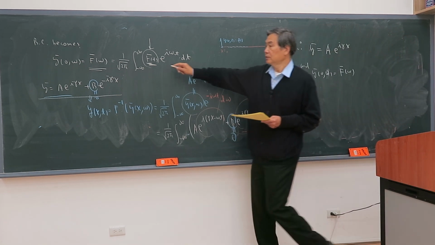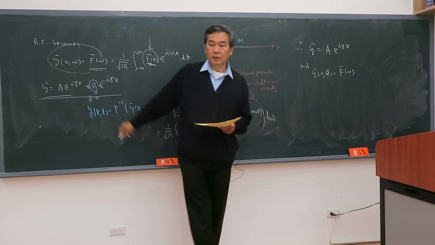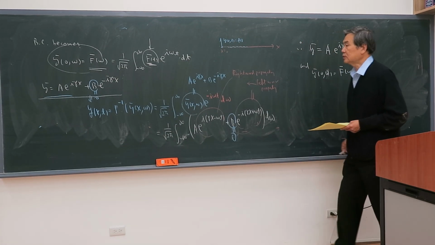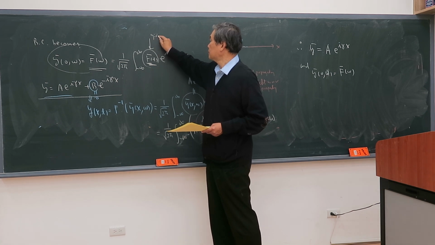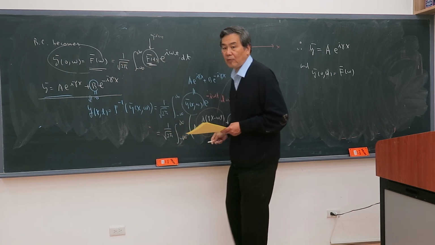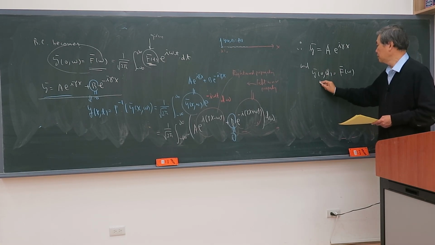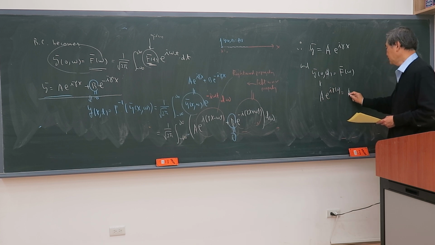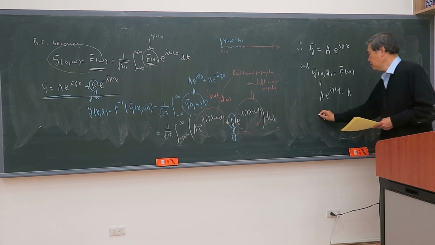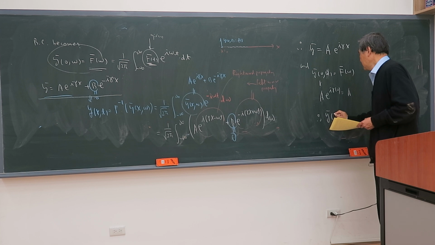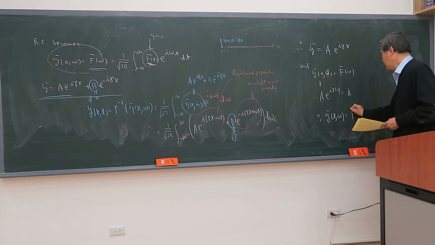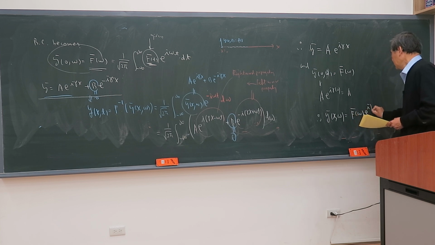This equation, and this is given. Given this, you can get f bar, and that will be y bar at 0. Then this equals A e^(i gamma 0) equal to A. So A equals this, and my y bar(x, omega) equals f bar(omega) e^(i gamma x).